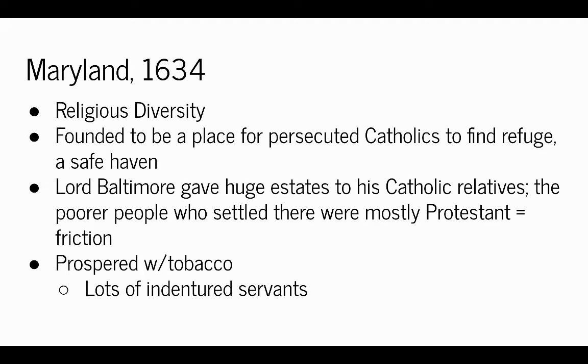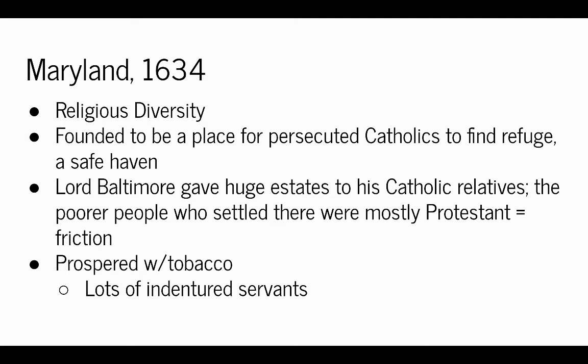So Maryland, when they are founded, okay, by King Charles I, was basically established for religious diversity. Persecuted Catholics could find refuge here and their safe haven. But then Lord Baltimore, whose real name is George Calvert, ended up giving huge amounts of land, huge estates, prime location as well, whether by water, for fertile soil, that type of thing, to his Catholic relatives.